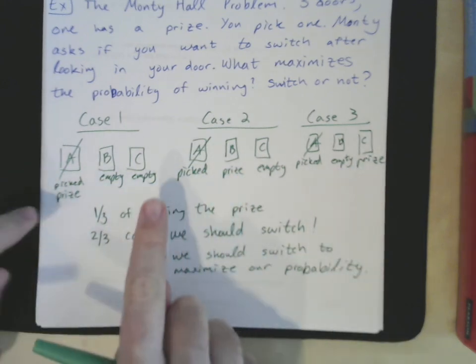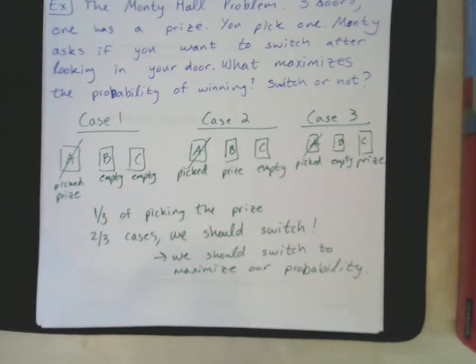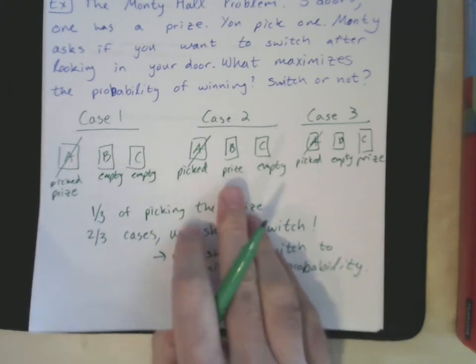Now, if you're here and you switch, obviously you'll be upset, but that's only going to happen 1/3 of the time, 33% of the time. So those are the things that we're going to be thinking about. So let's look at a little theorem now about integers and how to count integers.